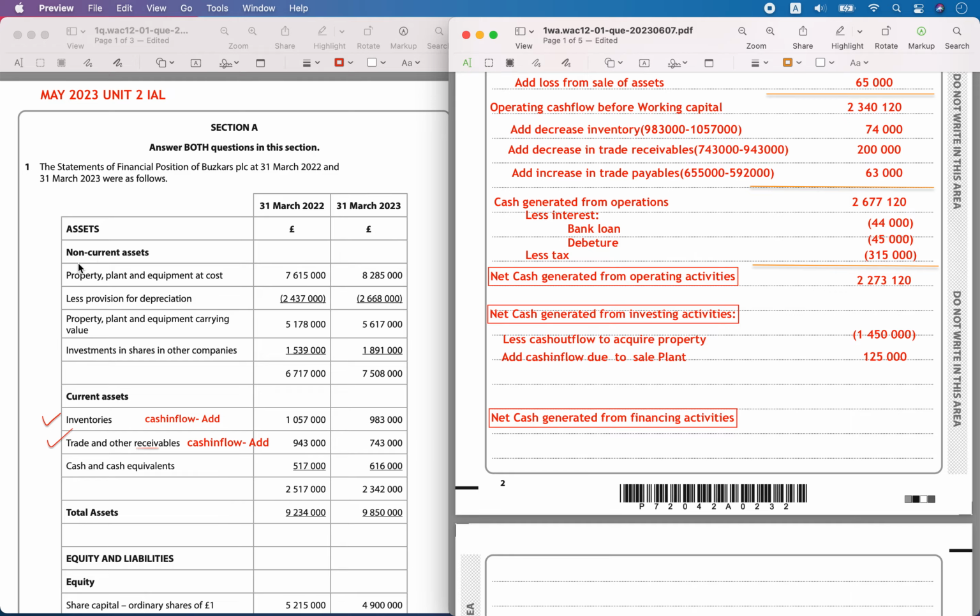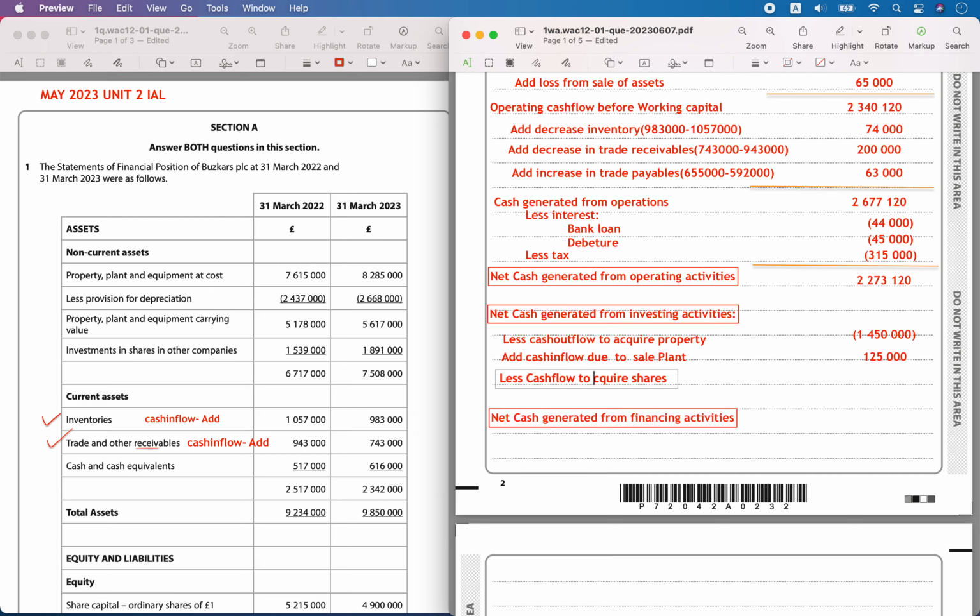Then we have to check out one more intangible non-current asset, like investment in the shares of the company. There has been an increase, which means I have bought, so cash outflows happened. Here you can say I have bought shares in other companies. So less cash outflow to acquire shares.